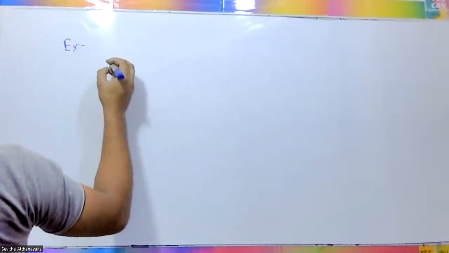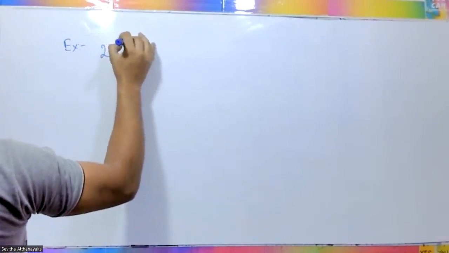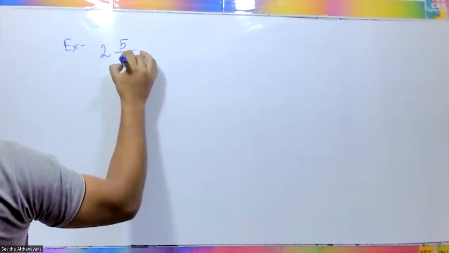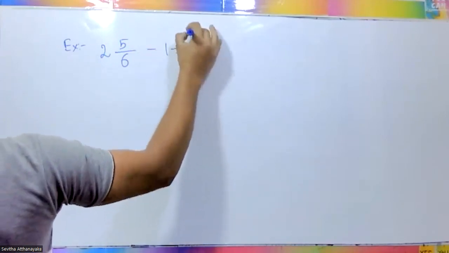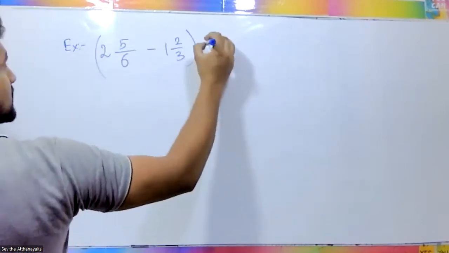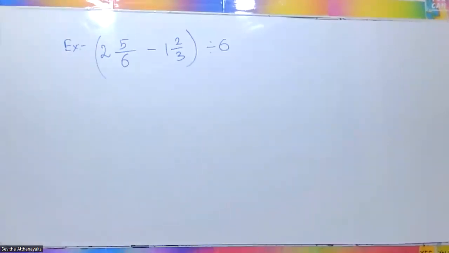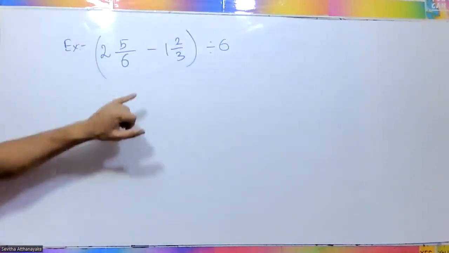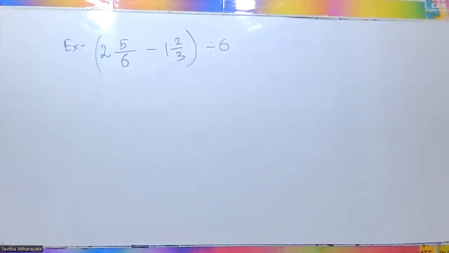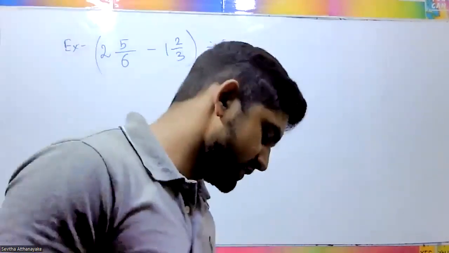You can try this as homework and send me. Okay. Write down this and try this as homework and send me the answer. Next day we'll do applications of fractions.